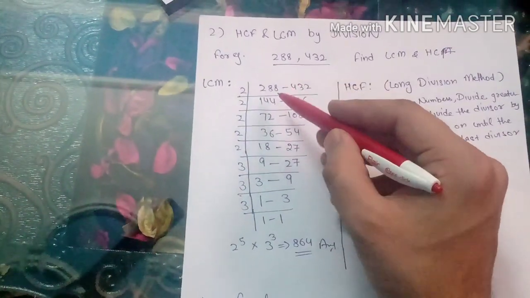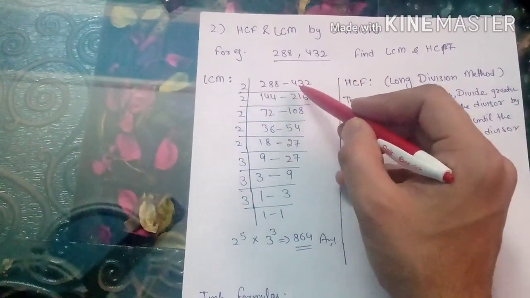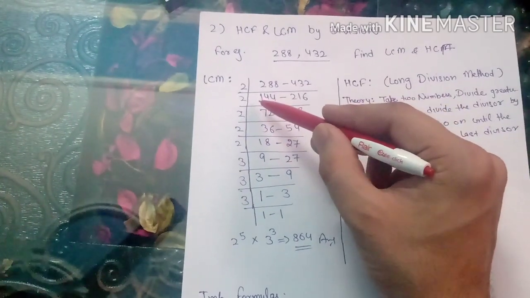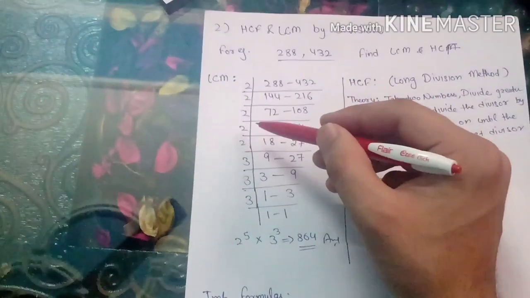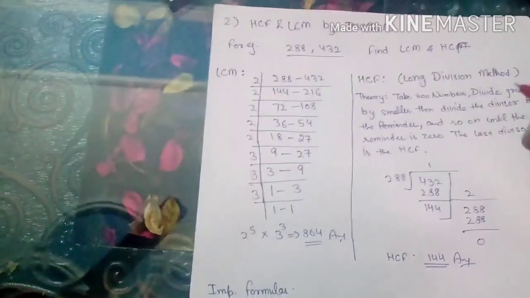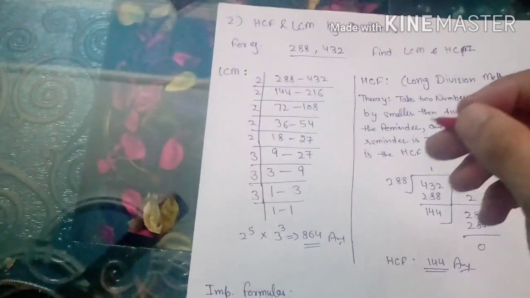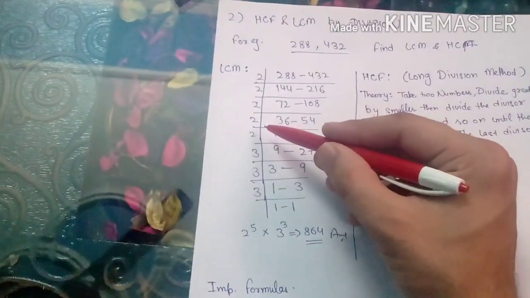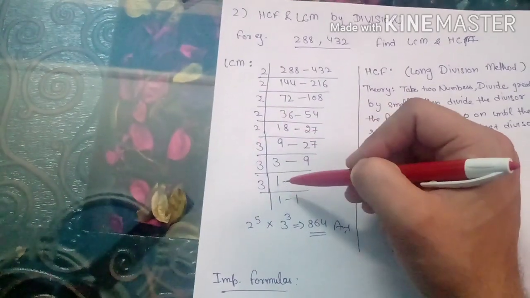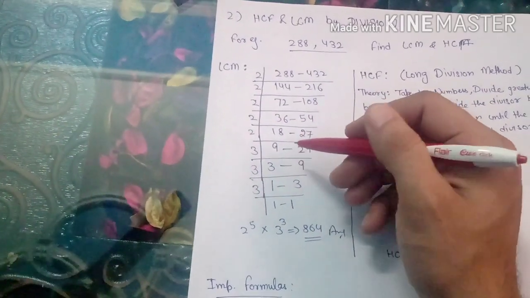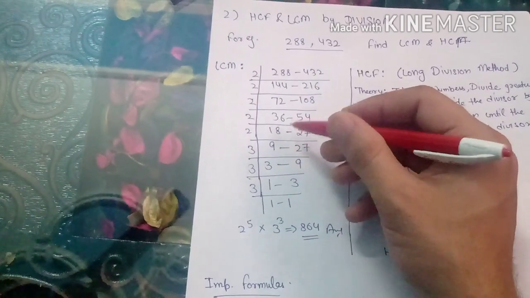What we have to do is, you have to write the numbers first, 288 and 432. Now you need to calculate. Basically you have to see what can divide these numbers. You can either divide by 2 or 3. It doesn't matter whether you start from 2 or 3, it will get calculated simply.